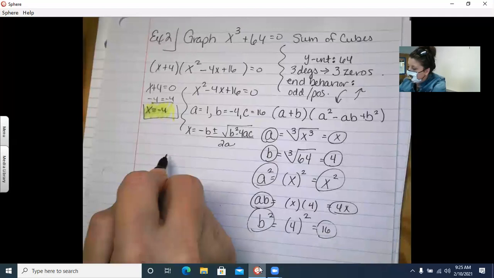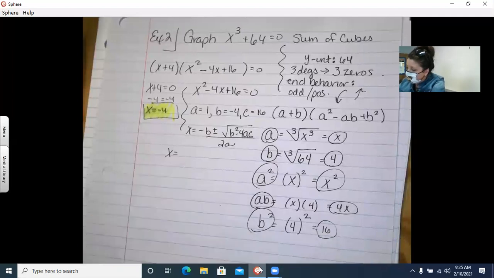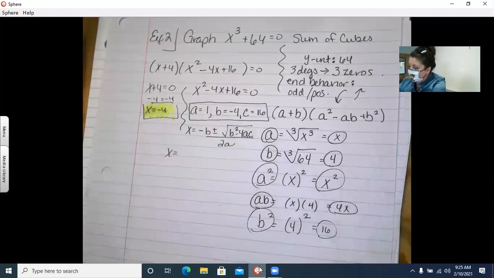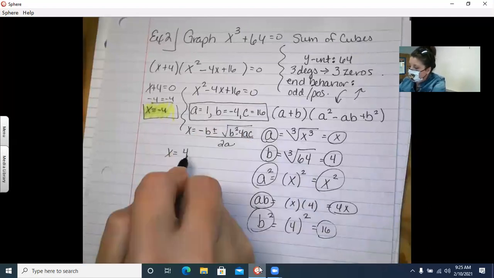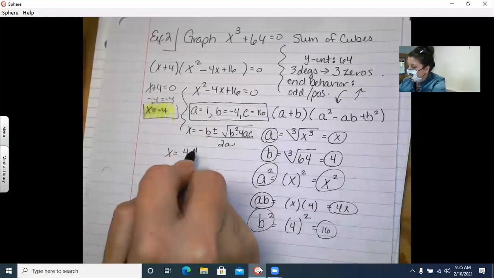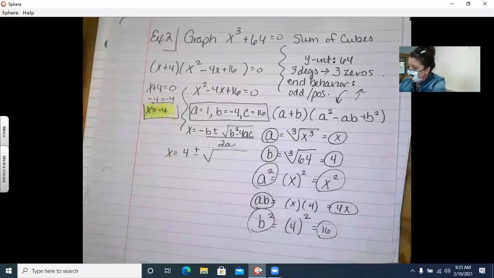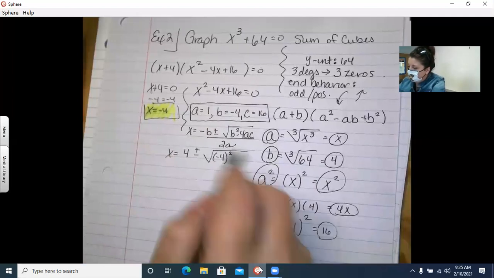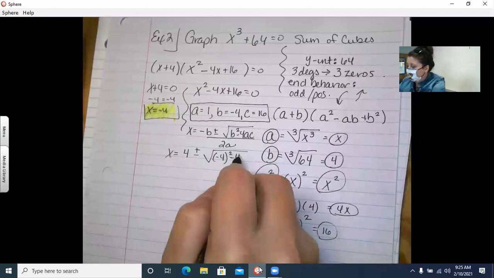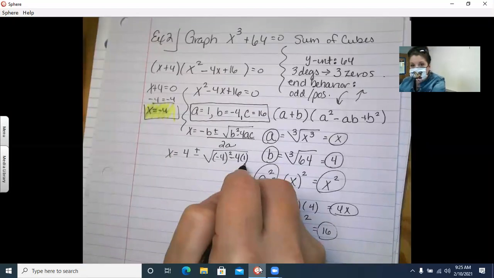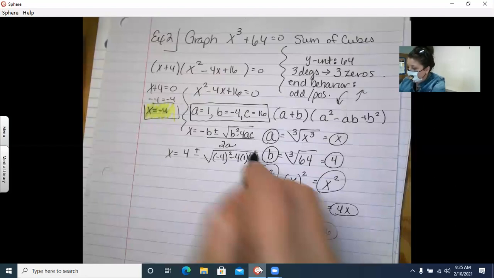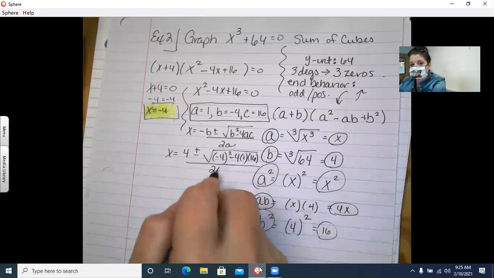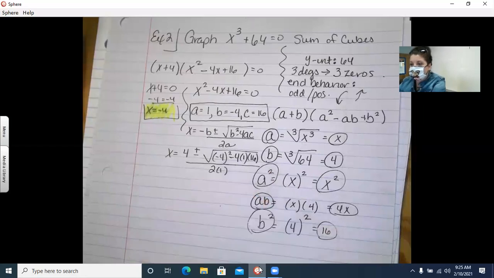What is the opposite of b? If b is -4, what am I going to substitute in? +4. Plus or minus the square root of b squared. So that's -4 quantity squared minus 4 times a is 1 times c is 16, all over 2a. So in this case, that's 2 times 1. Anybody confused?